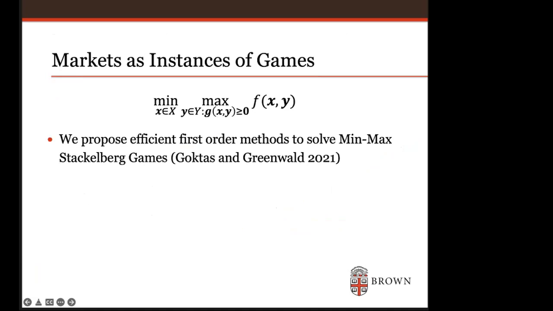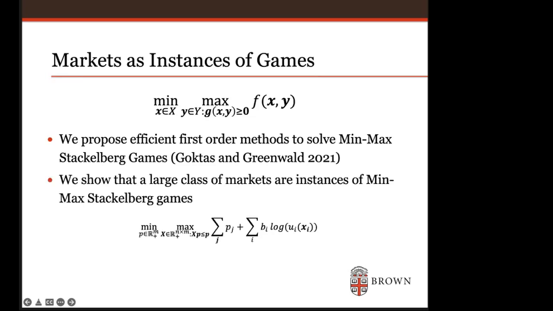And these min-max optimizations are a tiny bit different than your traditional min-max optimizations in that the first variable over which we're taking the min also determines the constraints of the second variable over which we're taking the max. And so such min-max optimization problems turn out to be interpretable as Stackelberg games. And basically, we show that a large class of markets are instances of what we call min-max Stackelberg games. So this is the program, what it looks like.